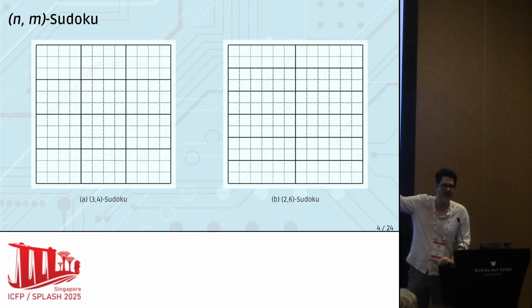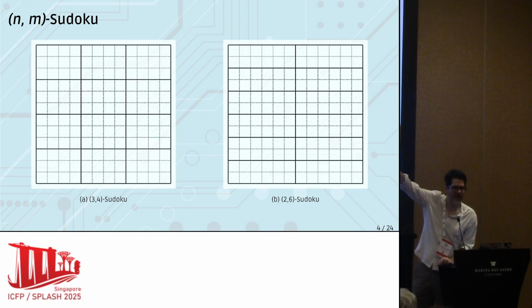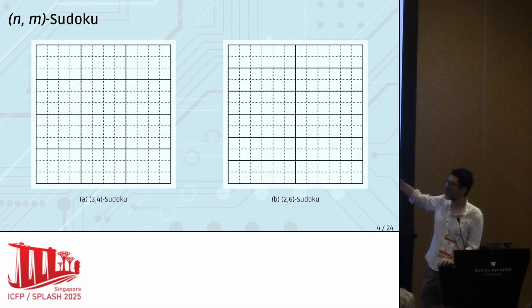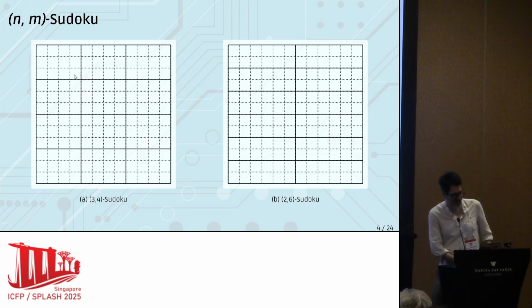This one is a 3-4 Sudoku, because you have a 4x3 matrix of 3x4 boxes, and here we have a 2x6 matrix of 6x2 boxes. So even though the sizes are the same, they have different constraint structure, because this one is a neighbor of this one, whereas this one is not a neighbor of that one. They're not in conflict with each other.